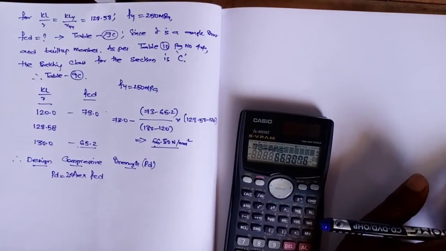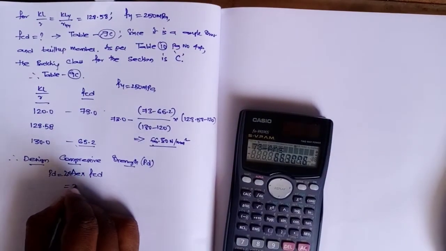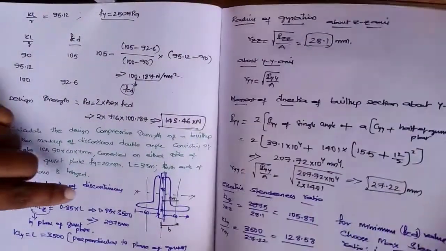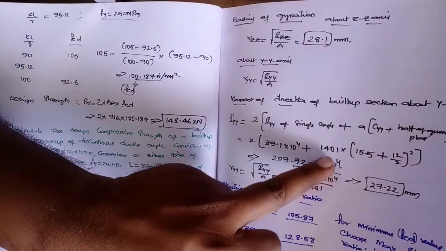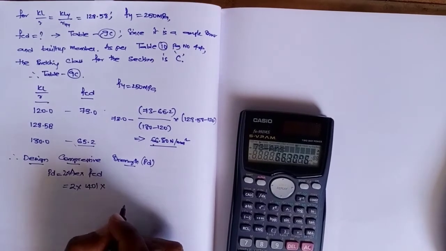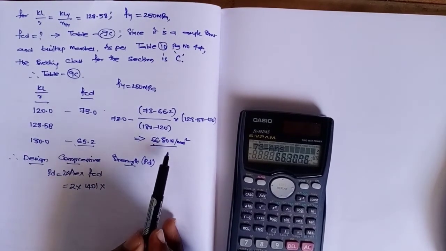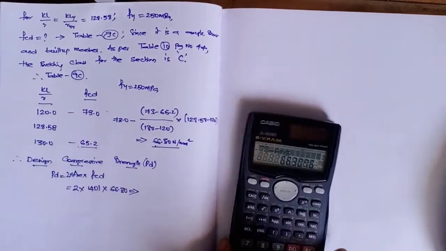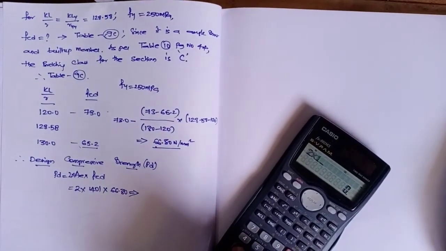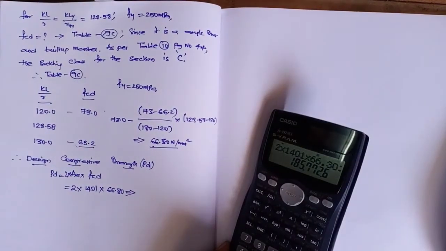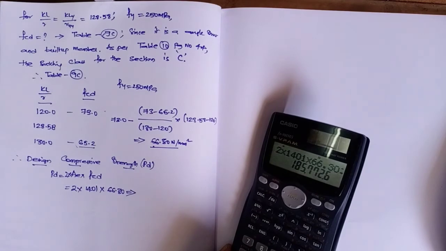So how much is it? 2 into what is AE? 1401, into FCD you arrived as 66.30. Okay, so 2 into 1401 into 66.30, right? So how much are you getting?